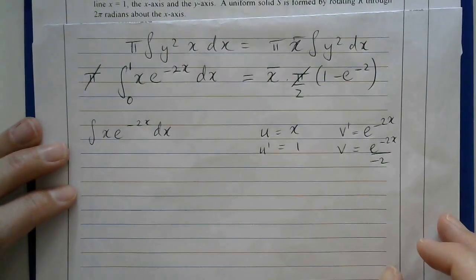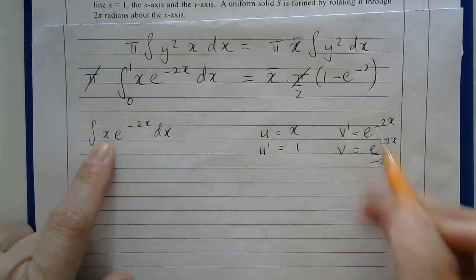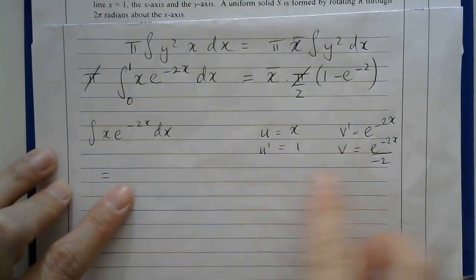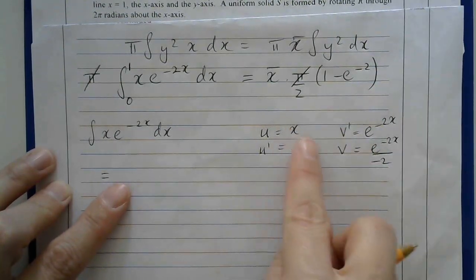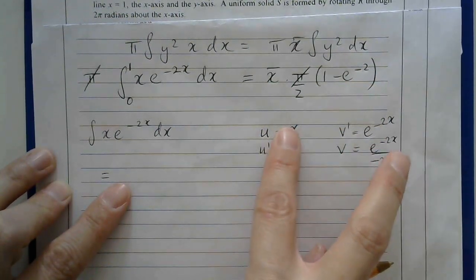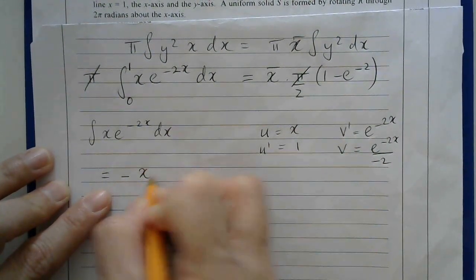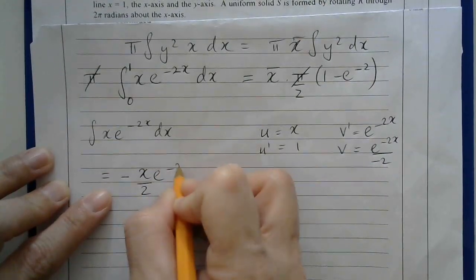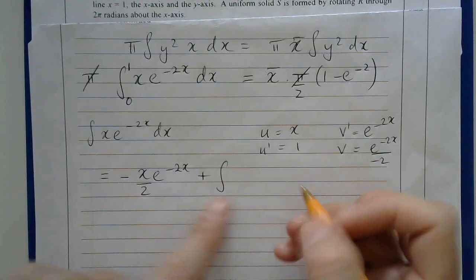So now the integral of this times this is this multiplied by this, plus the integral of this times this.